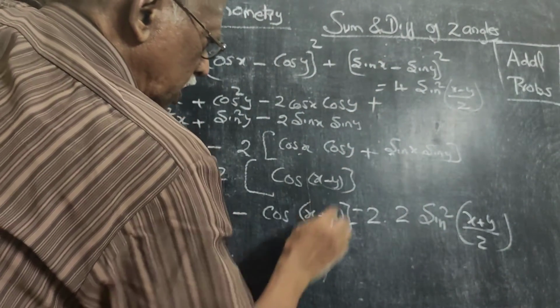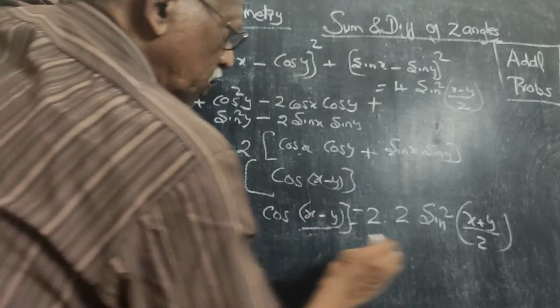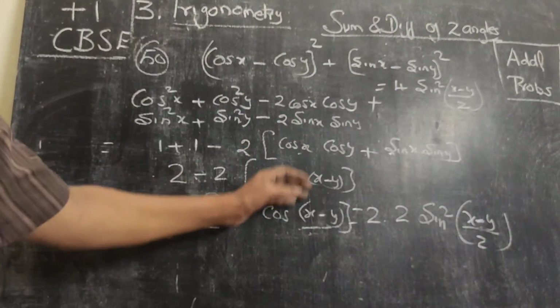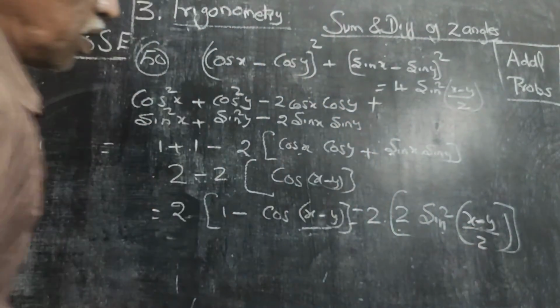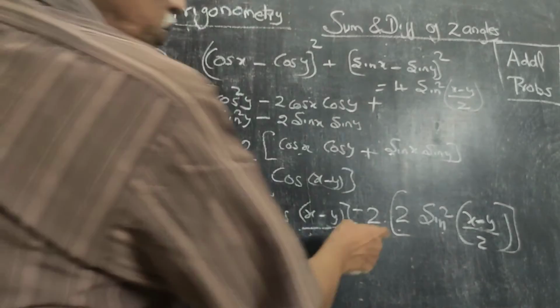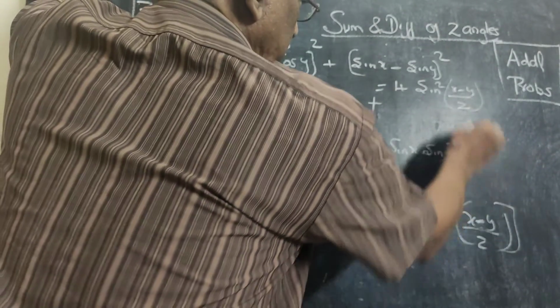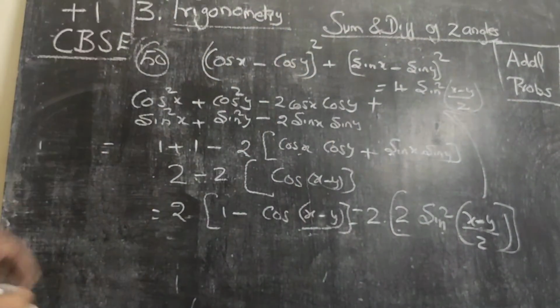Here it is cos(x minus y), so theta is x minus y. So 1 minus cos theta, which you remember as 2 times sin square theta by 2. Already there is a 2, so 2 into 2 is 4, 4 times sin square (x minus y) by 2. That completes the problem.